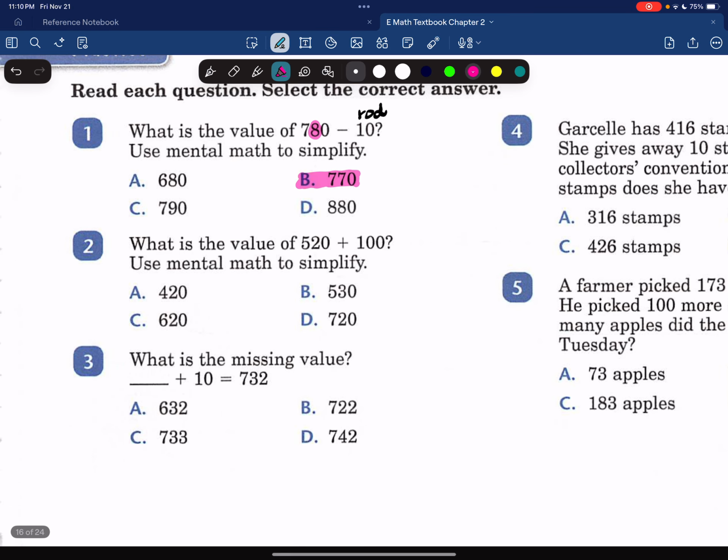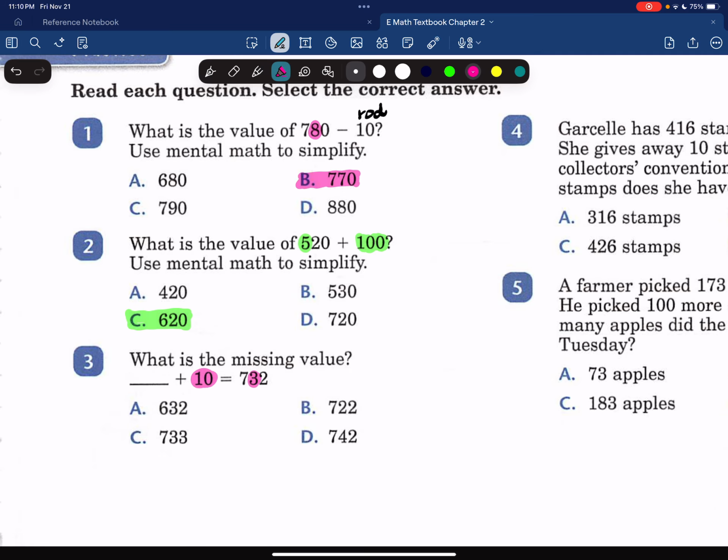What is the value of 520 plus a flat? So the flat place is here, and we're adding 1. That would put us up to 620. What is the missing value? Something plus a rod is 732.